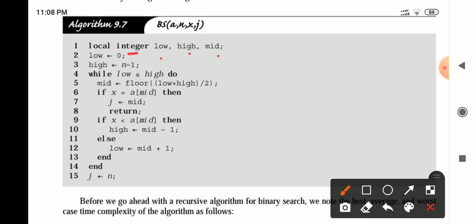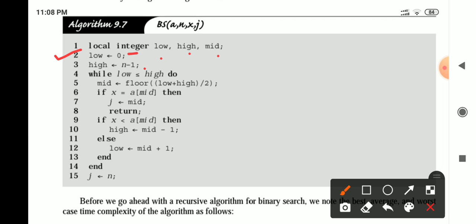Low is initially 0, because we are starting with the first element, which is the start of your array. High is n minus 1, that is the last element of your array. And then we are going to find out the mid here.